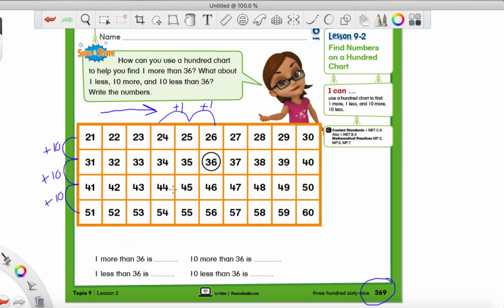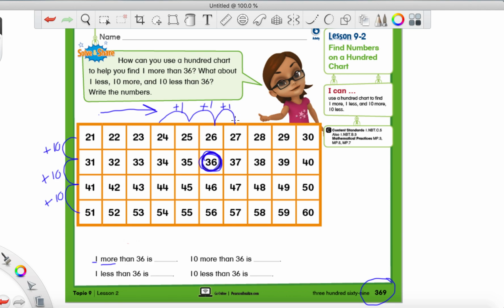Okay, so look at this. They already helped us out, and they circled the number 36 right there. I'm just going to circle a little bit more with my blue. There is the number 36. So let's do one more first. What is one more than 36? When we want to get a larger number, remember, we hop over 1 to the right.